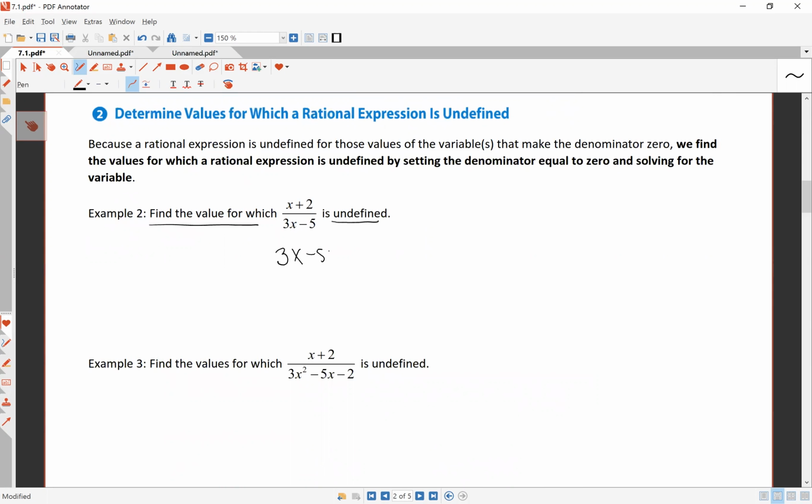If I want to know what makes this undefined, it happens if the denominator is 0. And we solve that resulting equation by adding 5 and dividing by 3. We get x is equal to 5/3. We say that 5/3 is the value that makes that expression undefined.